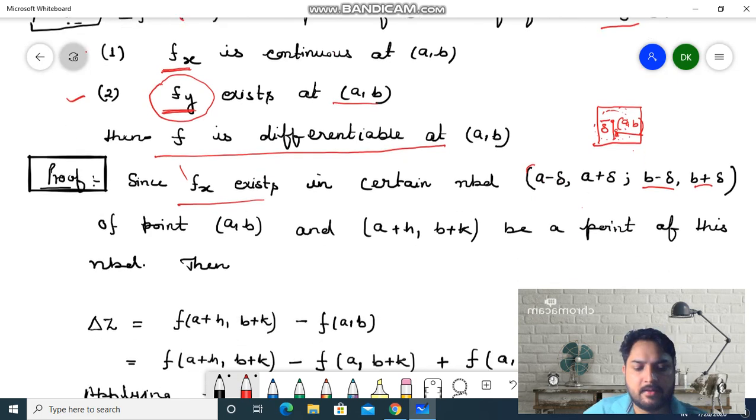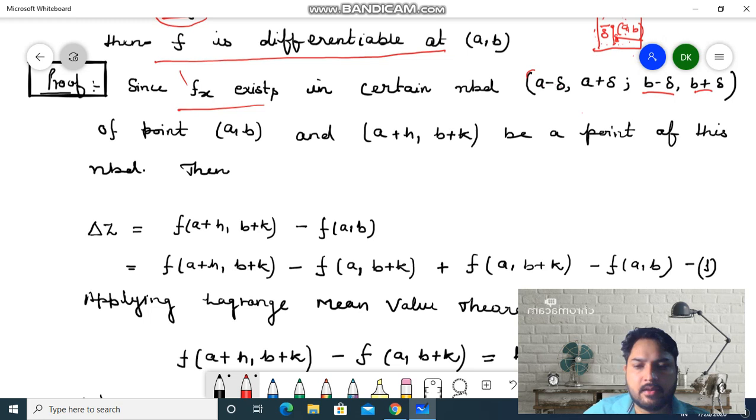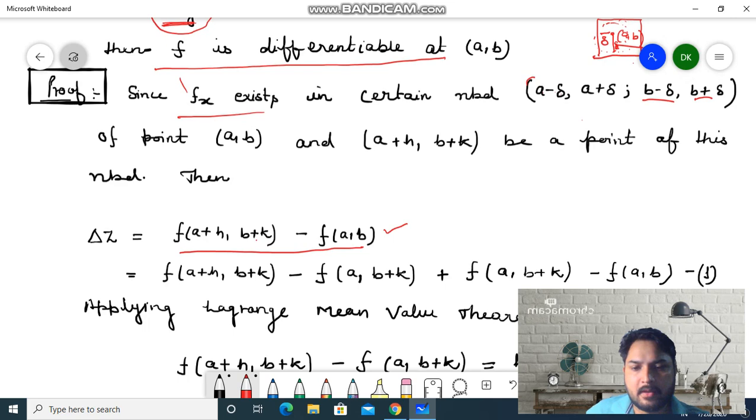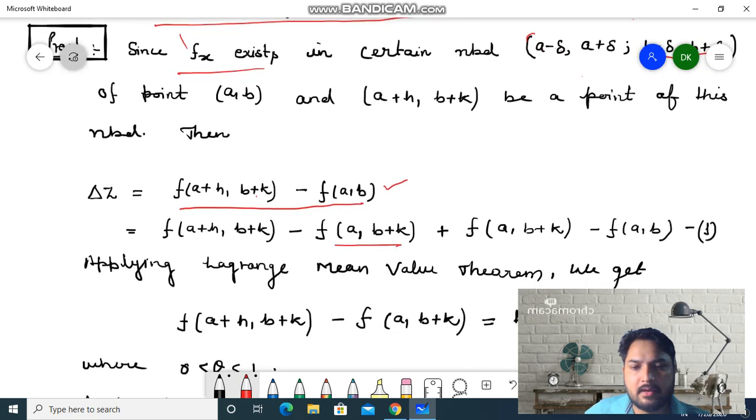Then delta z will be f(a plus h, b plus k) minus f(a, b), and here we add a factor and subtract the same factor again, so we get this equation.